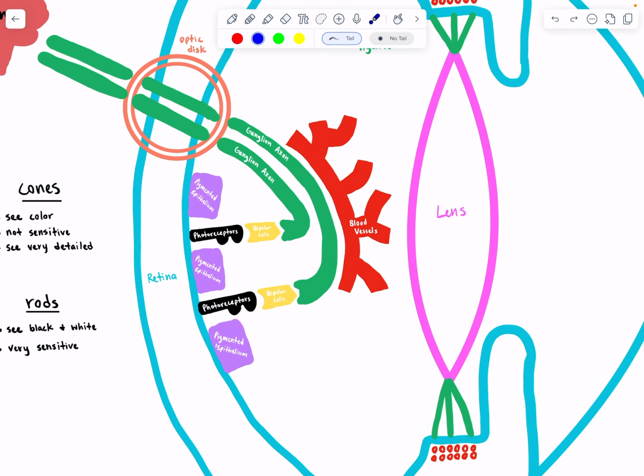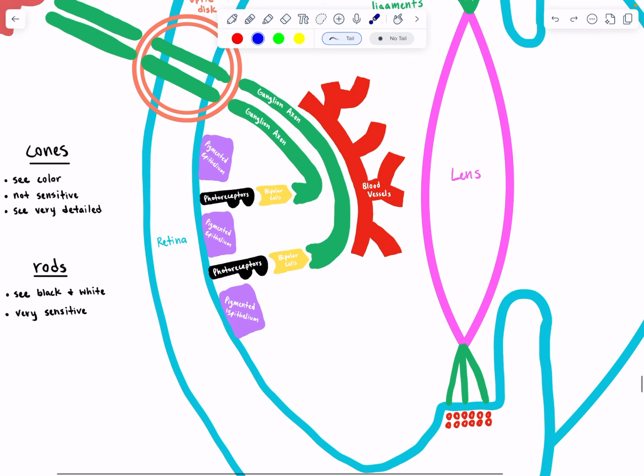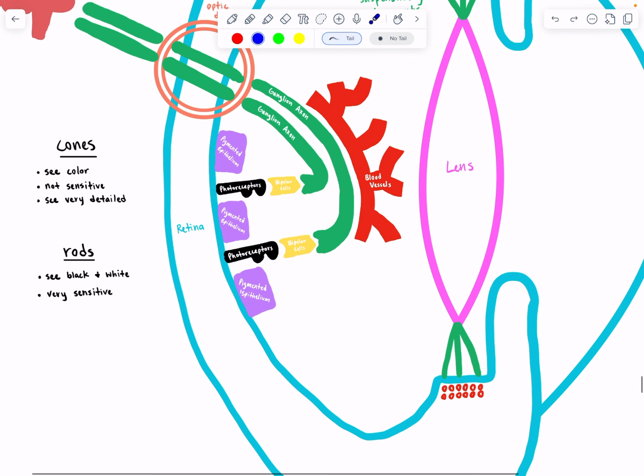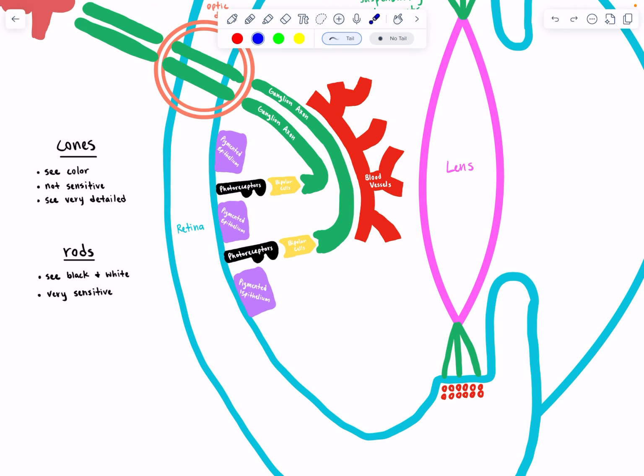The parts we'll focus on mainly are photoreceptors. Photoreceptors are where, in this pigmented epithelium, light is received. There are two kinds of photoreceptor, cones and rods. Cones see color and rods see black and white.